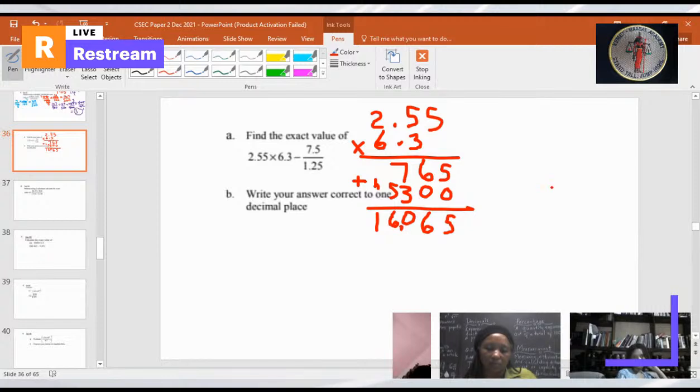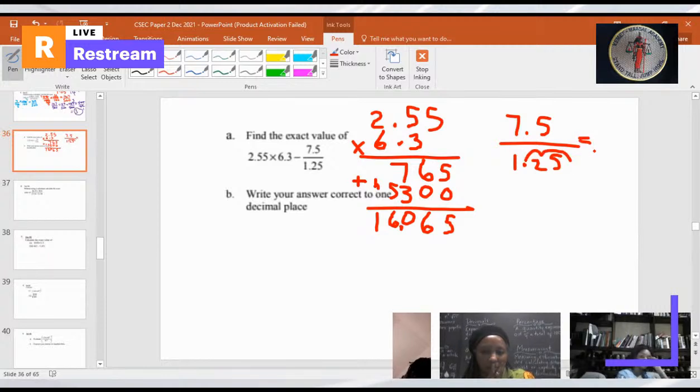Now we're going to find 7.5 divided by 1.25. Miss, so we're going to move the decimal place from 1.25 so that we have to move 2 times to the right to get it to 125.